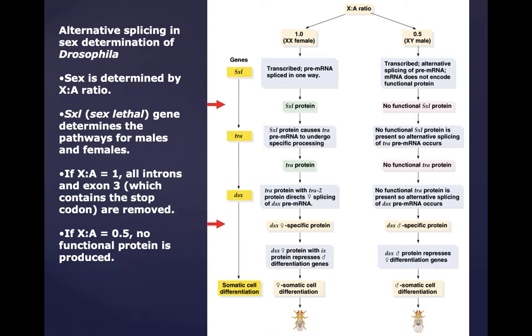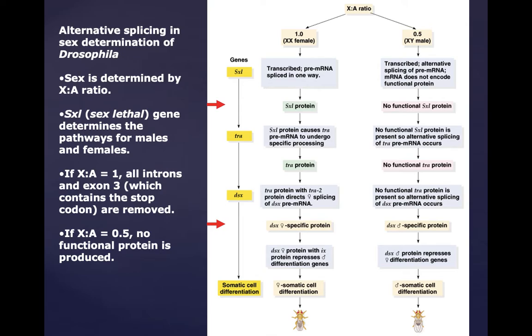If it's an XX, female, the expression of the gene is without any inhibition, so the gene will be transcribed and the pre-mRNA will be spliced in a single manner.